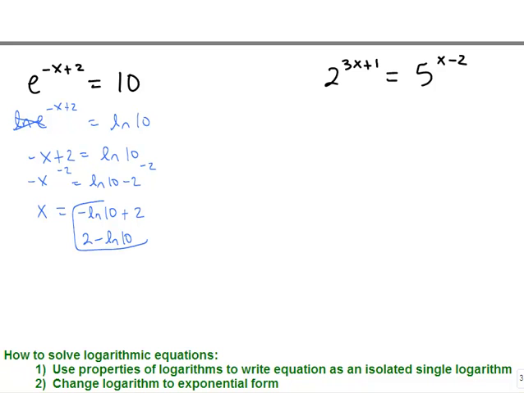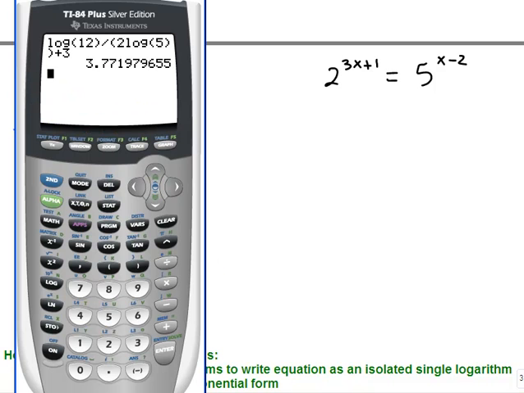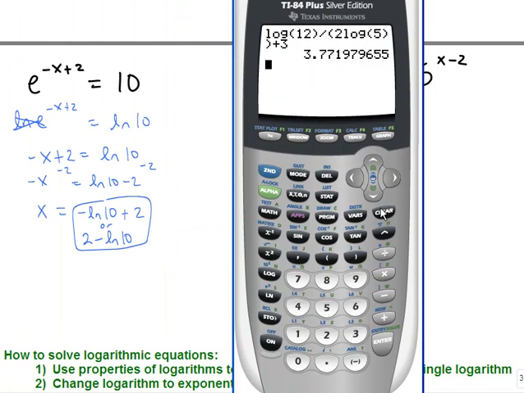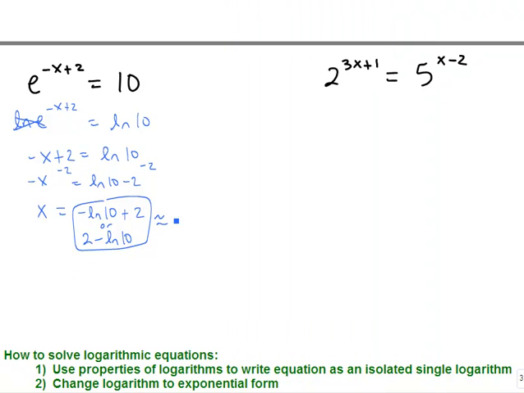Either answer is correct. And then to get a numerical value for that, we're just going to substitute that into our calculator. So 2 minus ln of 10 gives me negative 0.3026. And there are my two values.